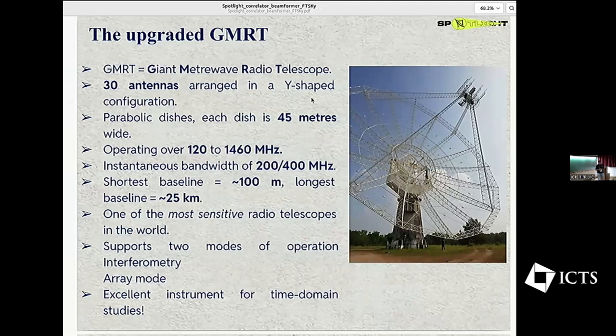It operates at low frequencies, and the baselines are from 100 meters to 25 kilometers, giving good coverage in the UV plane. It's one of the most sensitive radio telescopes at low frequencies, and it operates in 2 modes, interferometry for imaging and array for study of transients.